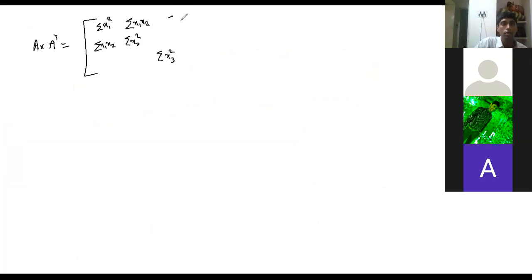Sigma x1 x3, and this one also sigma x1 x3. This was sigma x2 x3, and this is also sigma x2 x3. Clear?